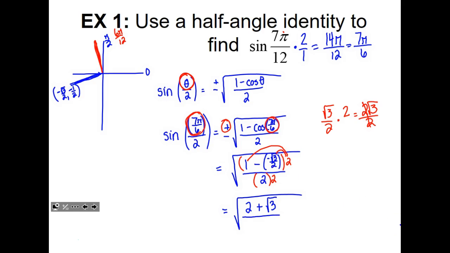And this is going to be all over 4. And then they're probably not going to leave it like this with that 4 in the denominator, because can we take the square root of 4? We can. It's a 2. So they're probably going to leave it like this: square root of 2 plus the square root of 3, all over 2. And there's nothing you can do about having that square root inside of the square root, so you have to leave it.